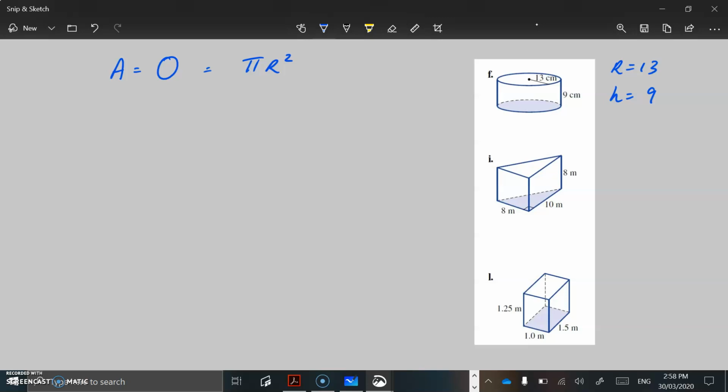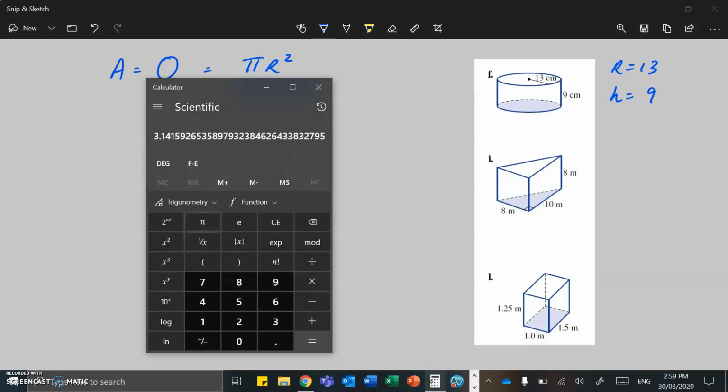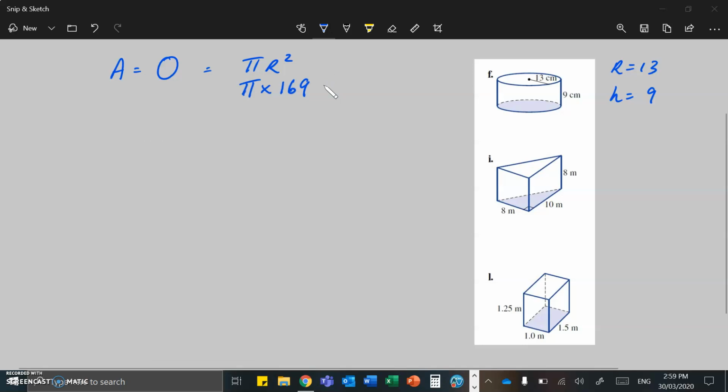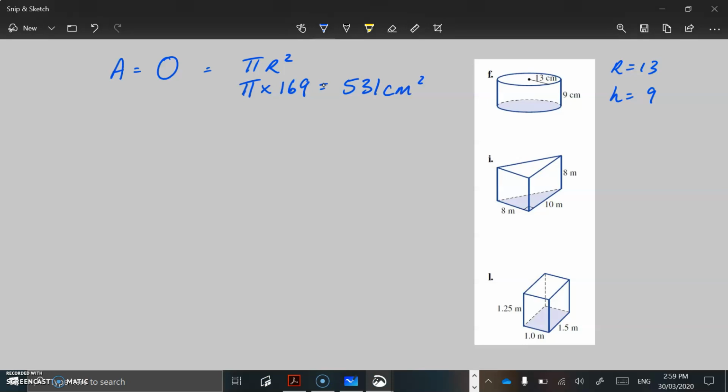The radius is 13, so we've got pi times 13 squared, which is 169, and pi times 169 is 531. So let's just round it up: 531 centimeters squared. So that's the area of the base, the area of that shape there.